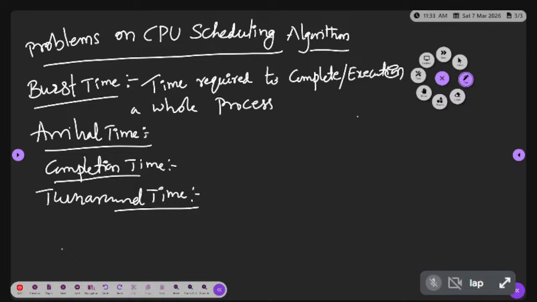The time interval from the time of submission to the time of completion is called turnaround time.